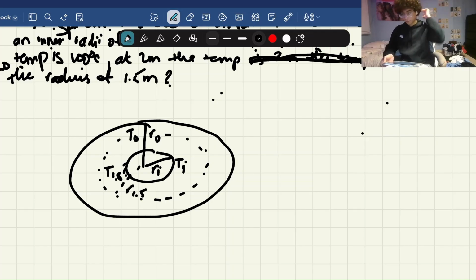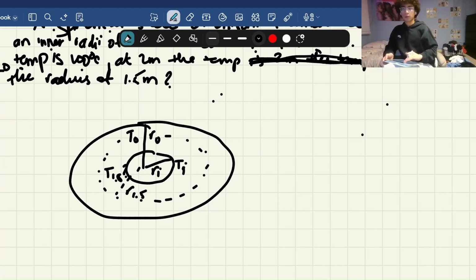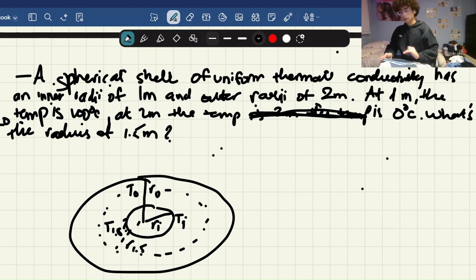We know that heat transfer in the spherical shell is heat transfer by conduction, because it's a solid. Heat transfer through solid is by conduction.